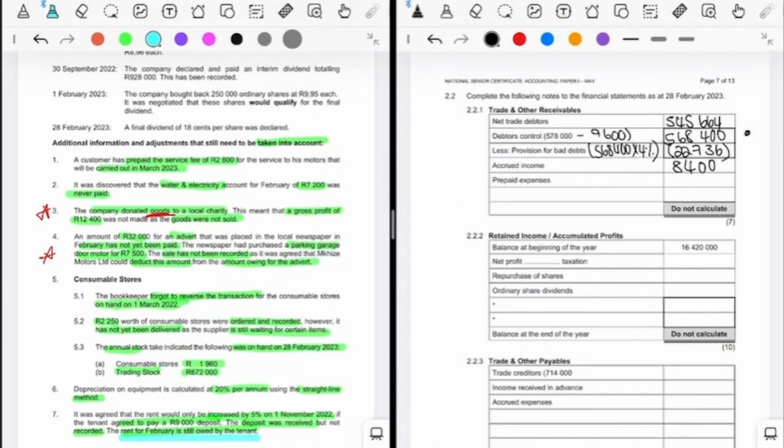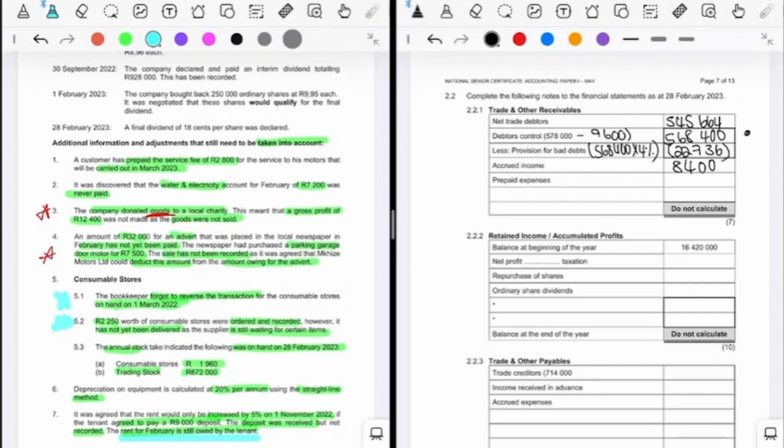Then we continue to prepaid expenses. Now for prepaid expense, this is when we pay something in advance, or we pay for something but we haven't received it yet. And in that case, if you look at 5.2, they said 2,250 worth of consumable stores were ordered and recorded.